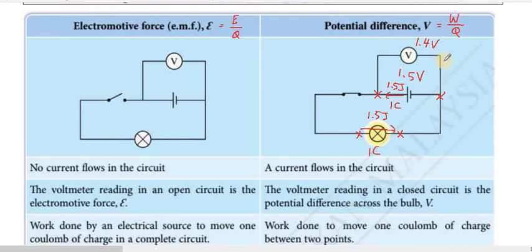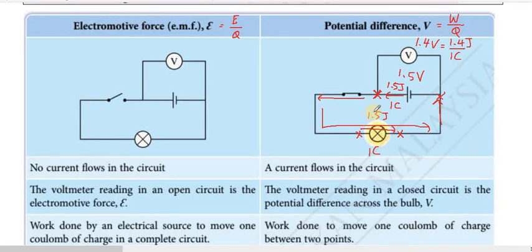Before we think about the reason, let's analyze the situation. If the voltmeter shows the reading of 1.4 volt, it means that every 1 coulomb of charge going from here to here does the work of 1.4 joule, right?